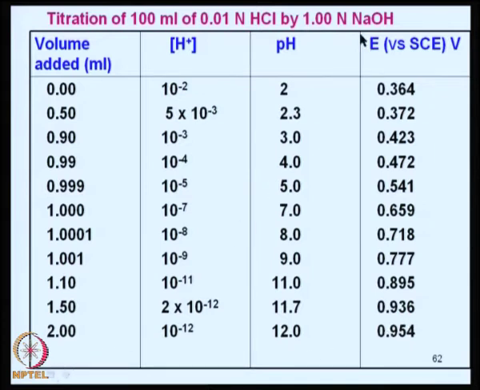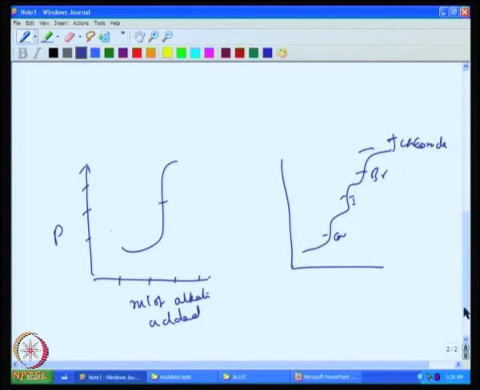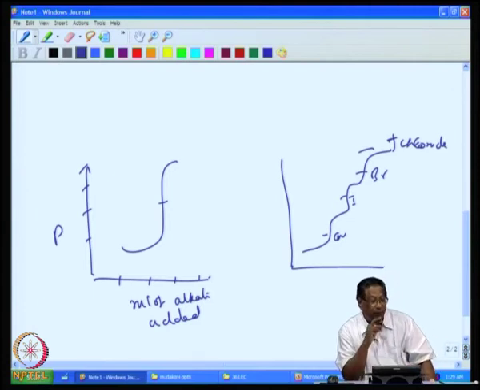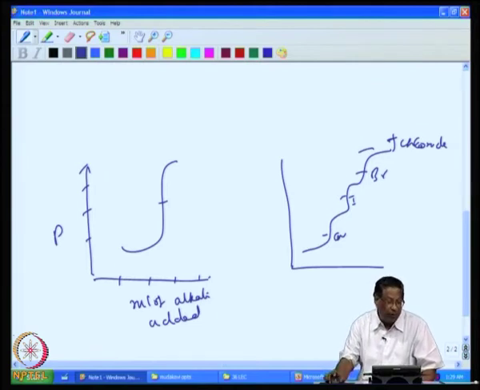So, if I plot EMF versus the concentration, I would end up with a figure like this, what is there on the left side. A very sharp peak you will get with a sharp inflection point.